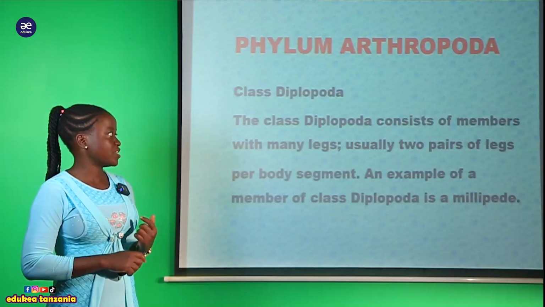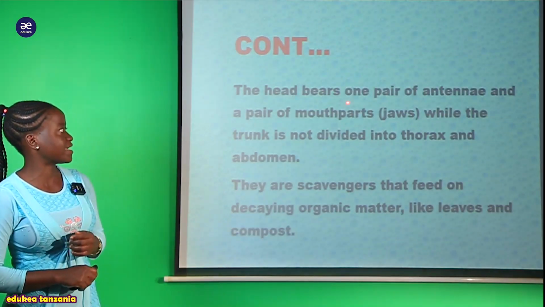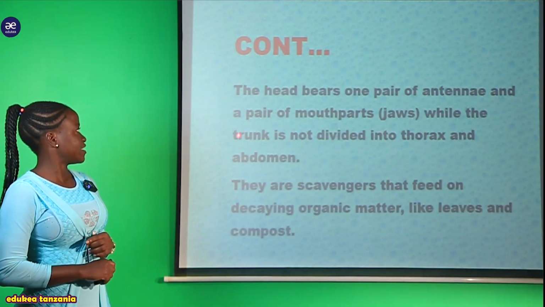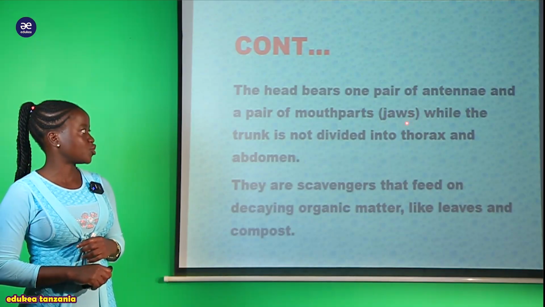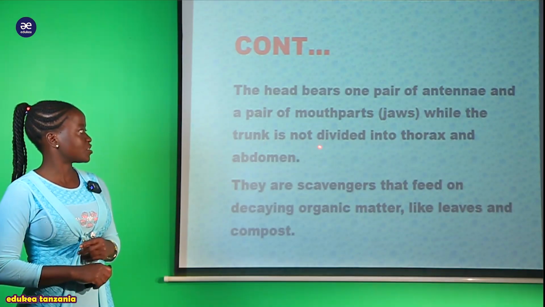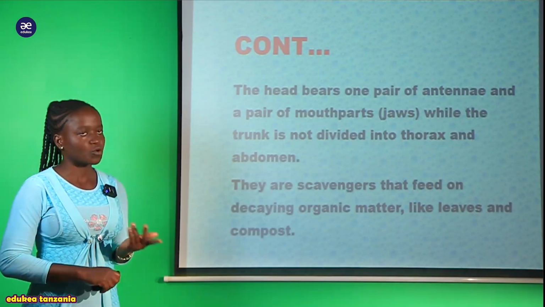Also, my student, here we are saying that the head bears 1 pair of antennae and a pair of mouthparts with jaws, while the trunk is not divided into thorax and abdomen.